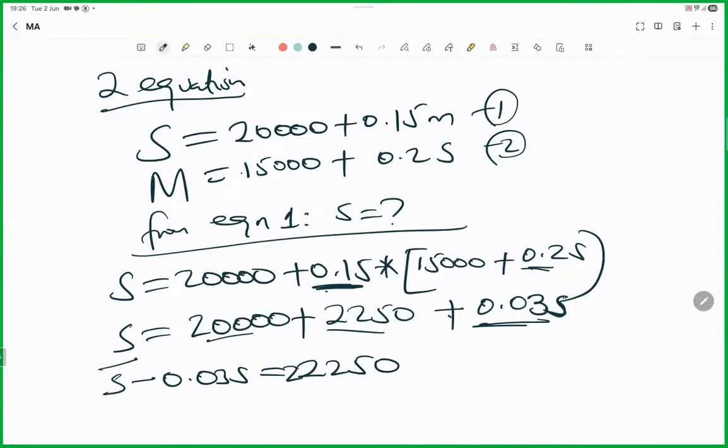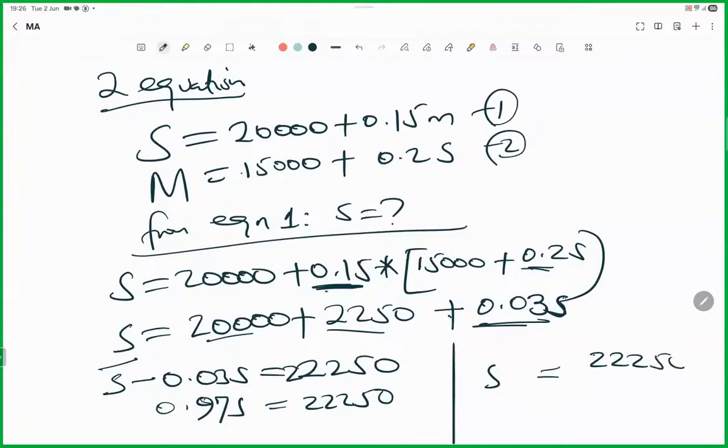S minus 0.03 S gives me 0.97 S, equals 27,500 plus 20,000, which gives 27,500. And therefore S will be equal to 27,500 over 0.97.